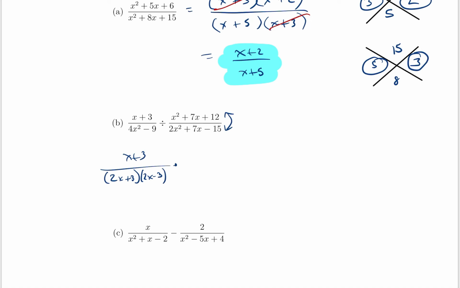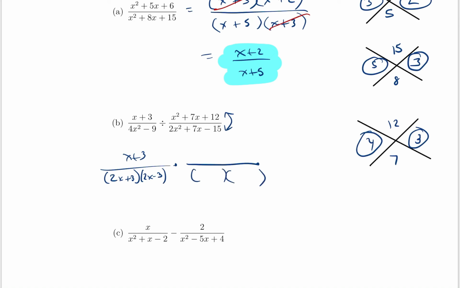So let's do the bottom diamond, which is now going to be, the top is now going to be the bottom, and A times C is 12, and B is 7. That's going to be 4 and 3. So that's going to go to the denominator now because we flipped it. So x plus 4, x plus 3.